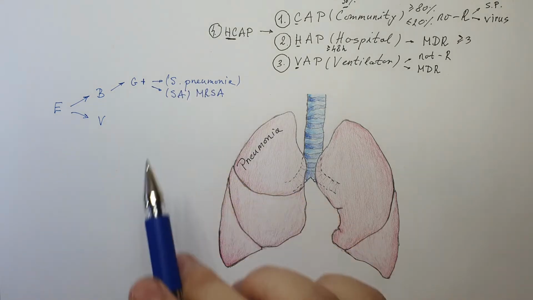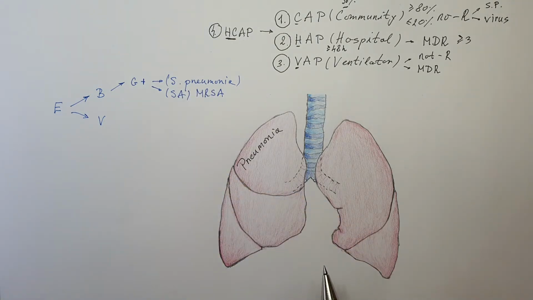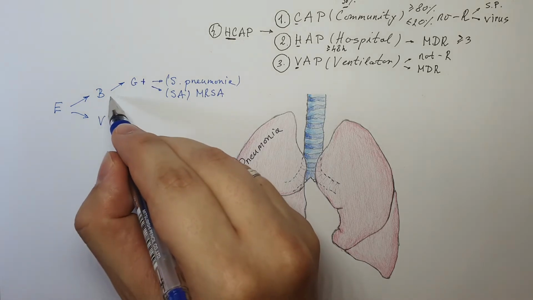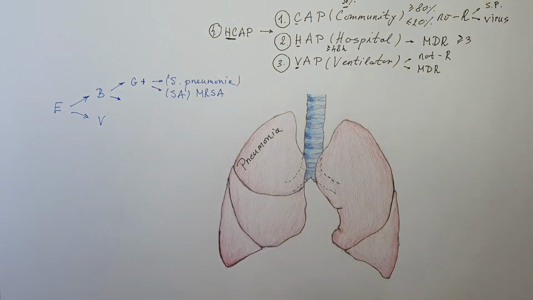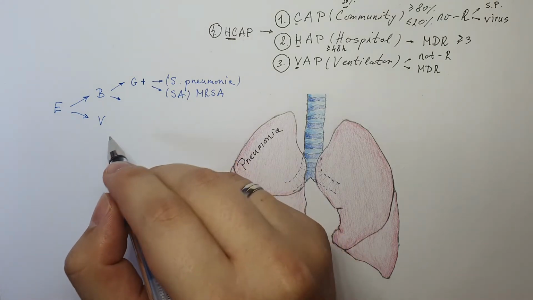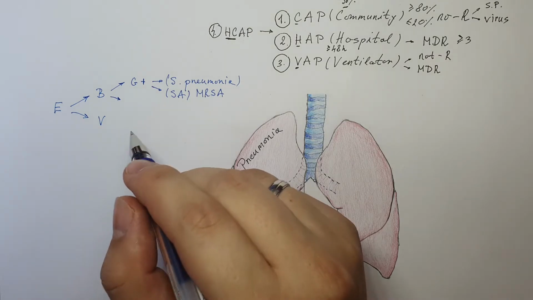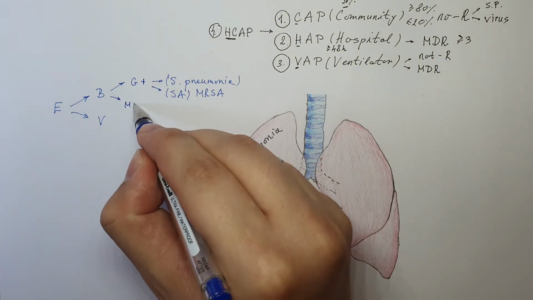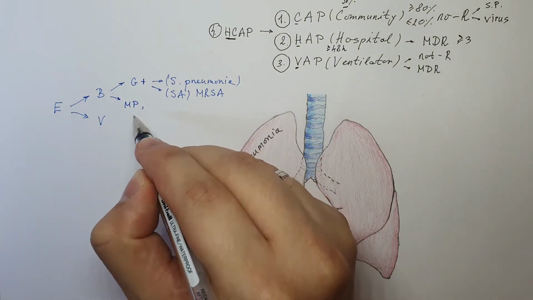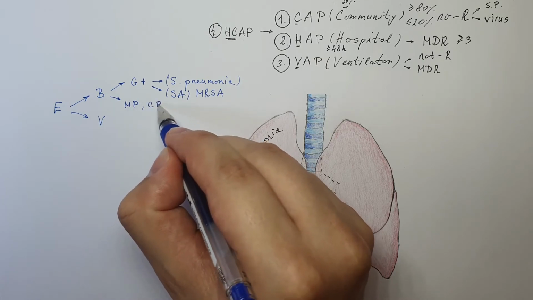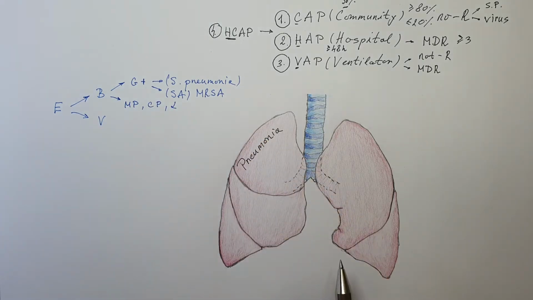These bacteria would cause a typical pneumonia with typical signs, but there are also some other bacteria that would cause an atypical pneumonia with some atypical signs, harder to diagnose, like Mycoplasma pneumoniae, Chlamydia pneumoniae, Legionella, and so on.